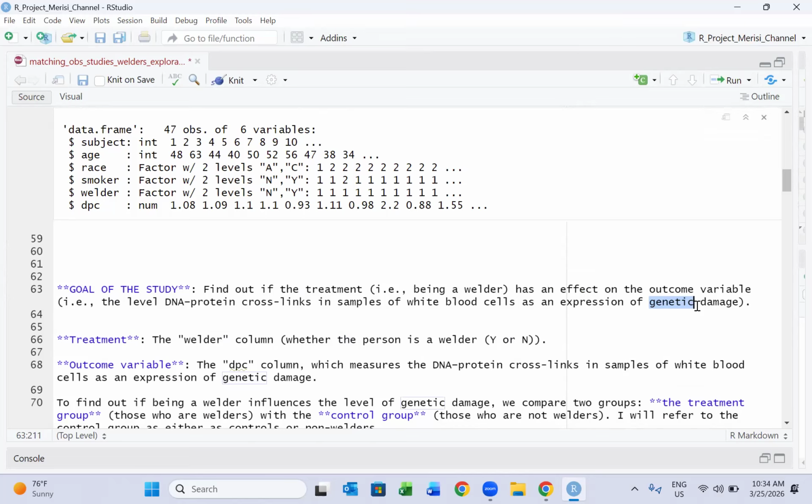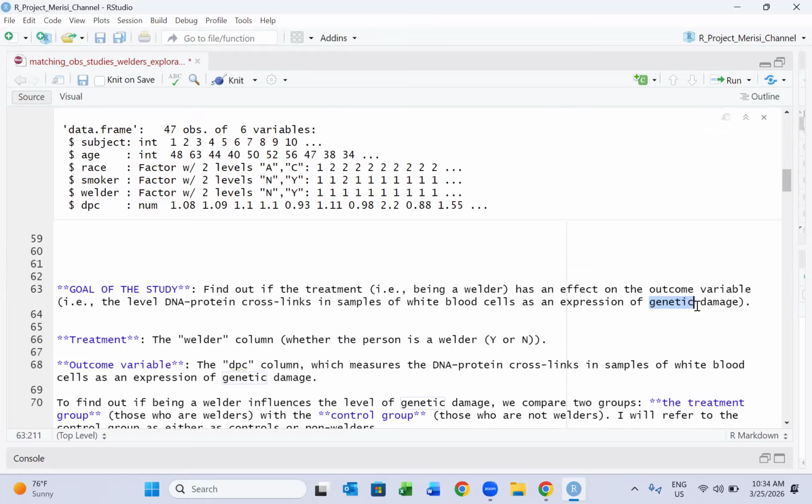But given that welders and non-welders differ significantly in age, if we go ahead and run a test and find a difference in genetic damage between welders and non-welders, we could be tempted to justify that difference by the age, not by the fact that one group is welders and the other one is not. You know what I mean?